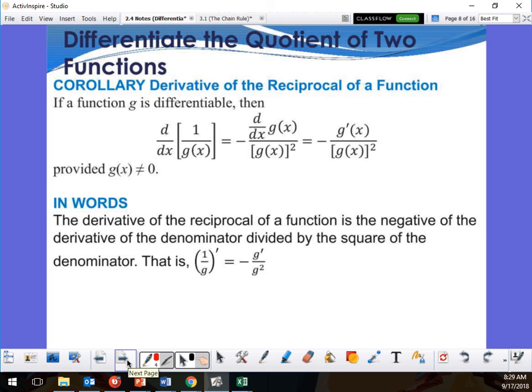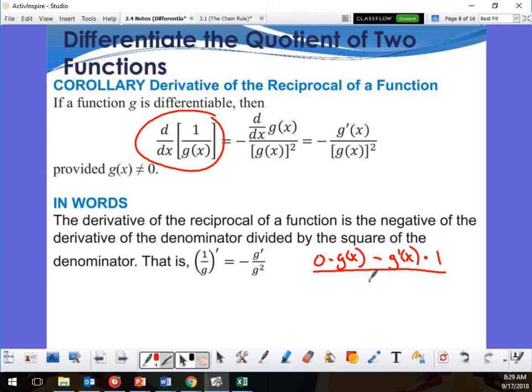Okay, derivative of a reciprocal function. So it's basically taking the reciprocal, so it goes 1 over my function. The derivative of 1 is 0, right? So it is the quotient rule. If I do the quotient rule on this right here, the derivative of 1 is 0 times g of x, minus g prime of x times 1, all over g of x squared.